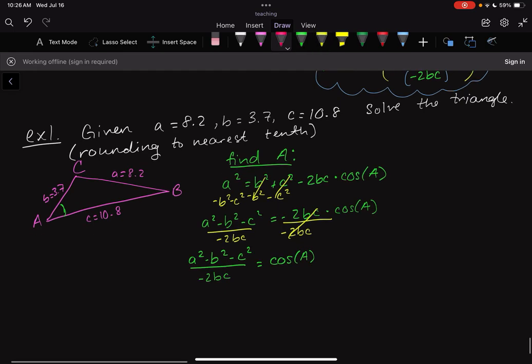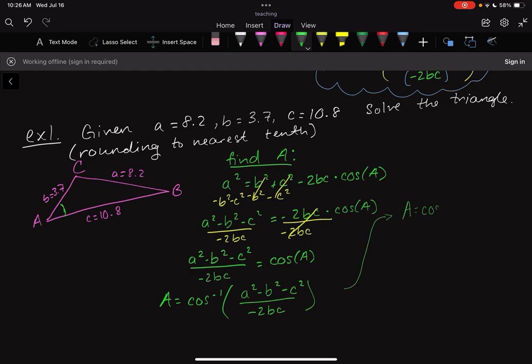And then I use the inverse cosine. That way I can get my angle. So this is going to be A is equal to cosine inverse of all that other stuff. So I'm going to go ahead and plug everything in. So let me come up here and do that. So I have A is equal to cosine inverse.